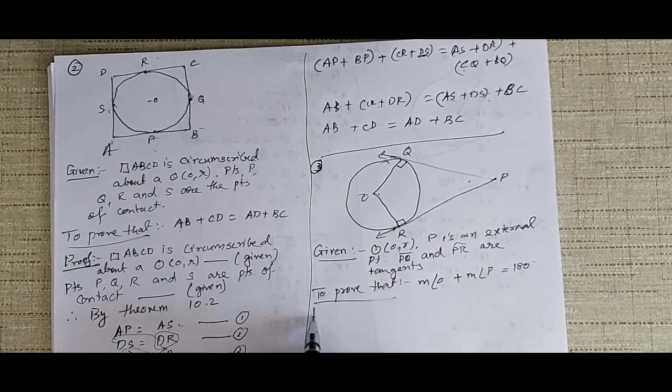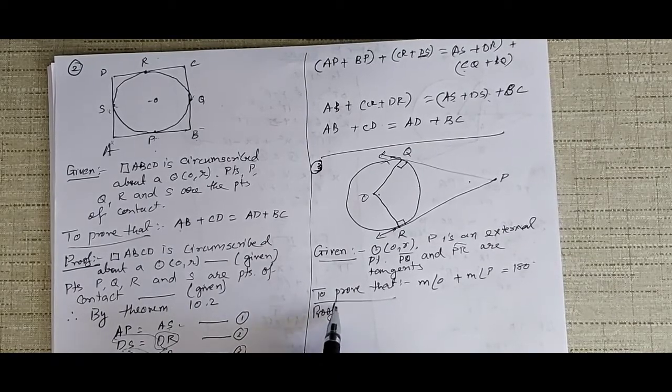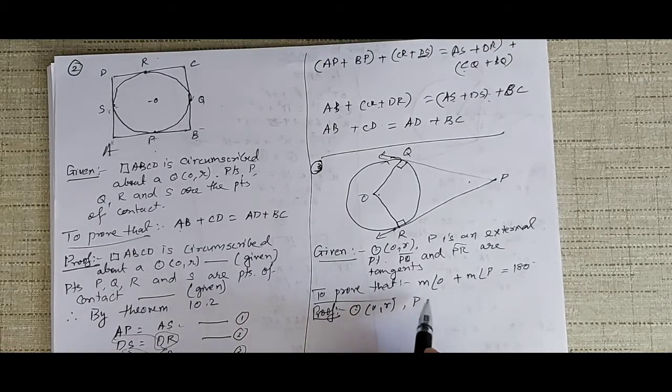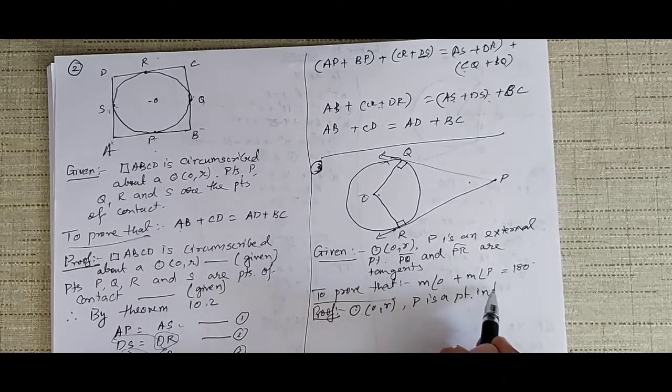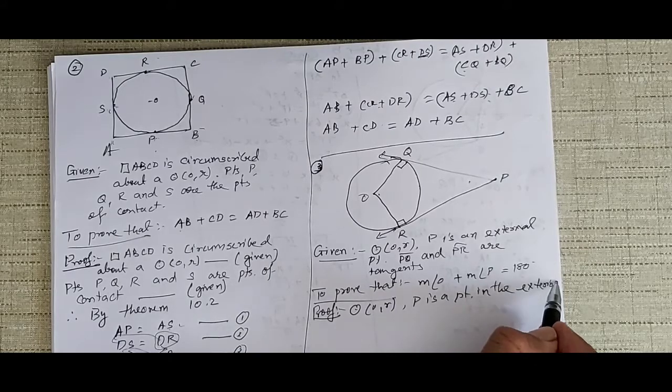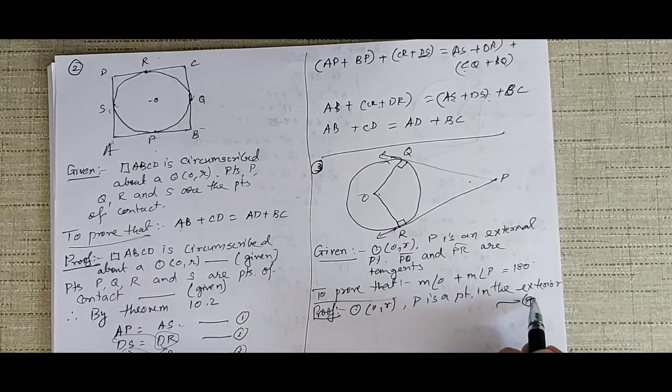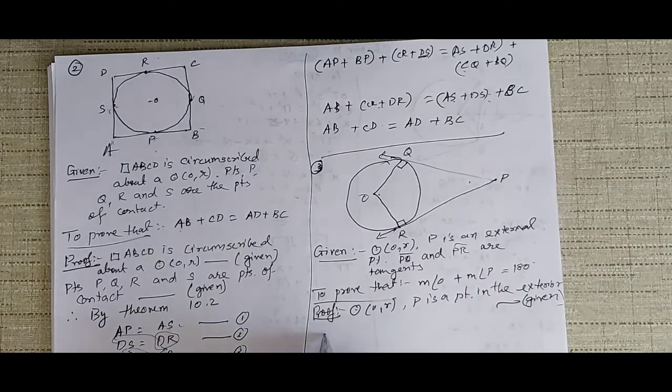See, write what is given first. Circle with center O and radius R. P is a point in the exterior. This is given to us.